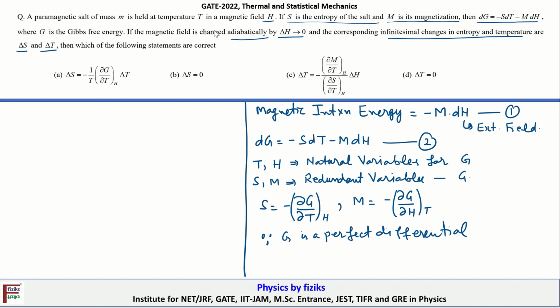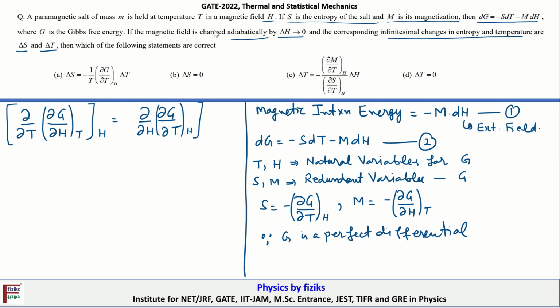It doesn't matter in which order we perform the differentiation, the value of the second order differential of G with respect to T and H is going to be the same. In mathematical terms, this is equal to the partial with respect to T of dG by dH, keeping temperature constant on the inside, and that is equal to the partial with respect to H of dG by dT, keeping H constant on the inside. So if we change the order of differentiation, the value is still equal, which means it's a path independent quantity.